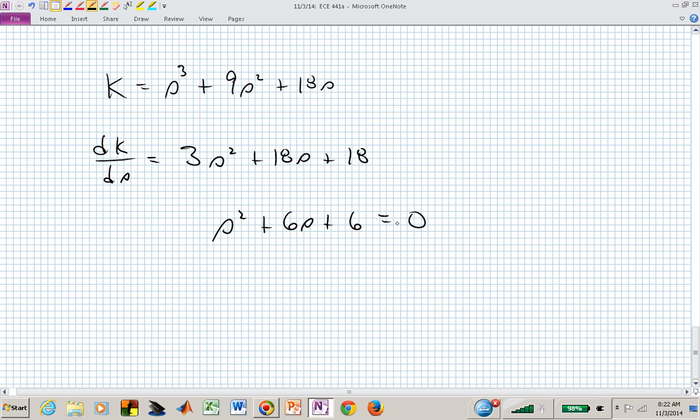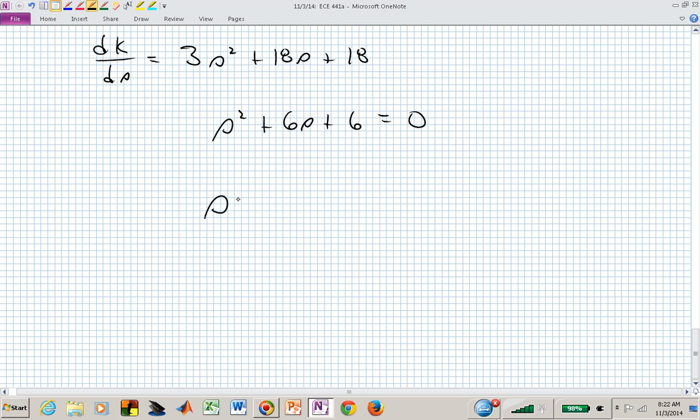I'm setting that equal to 0 to try to find my relative maximum. That's just a quadratic. That I can plug into my quadratic formula, and I find that I have two values that are real. One is at minus 1.3, and the other one is at minus 4.7.